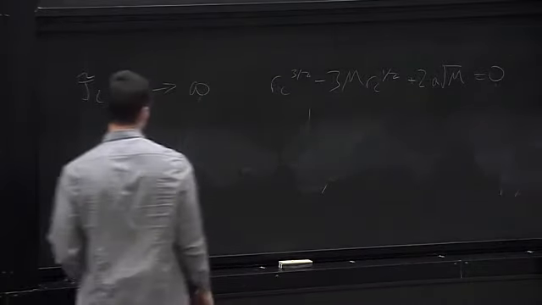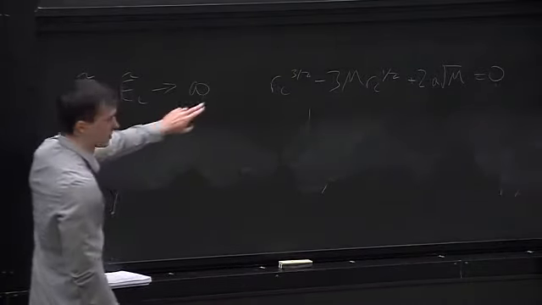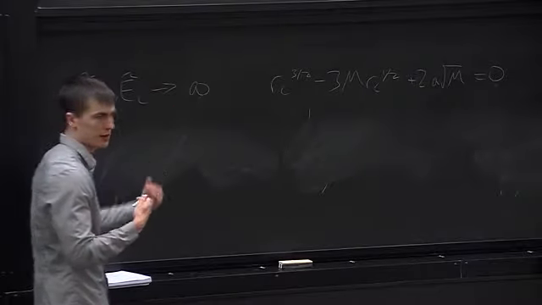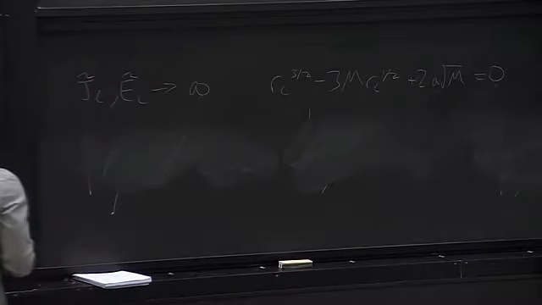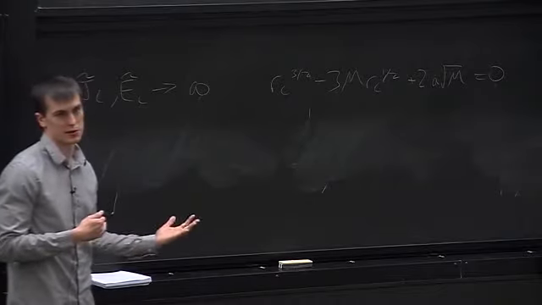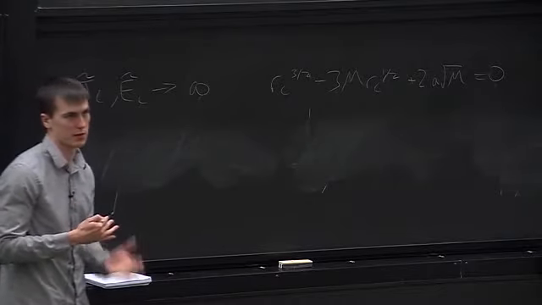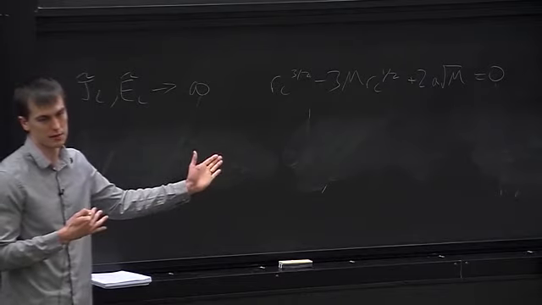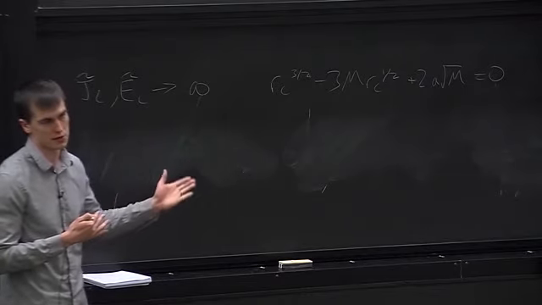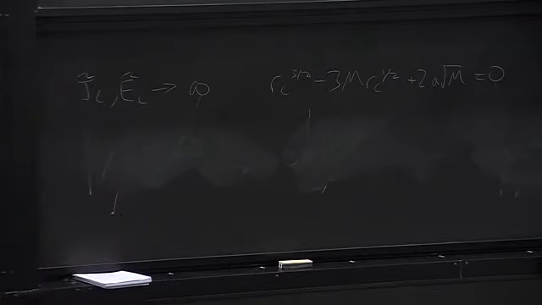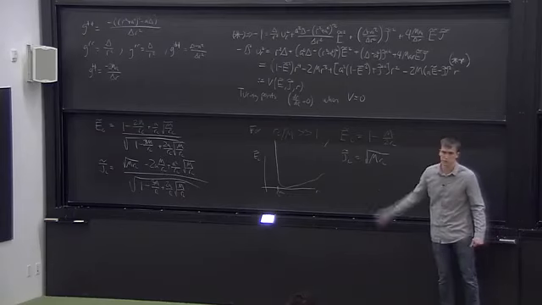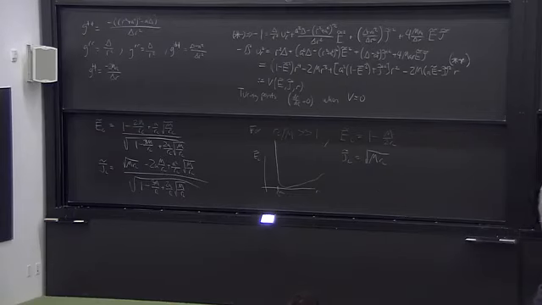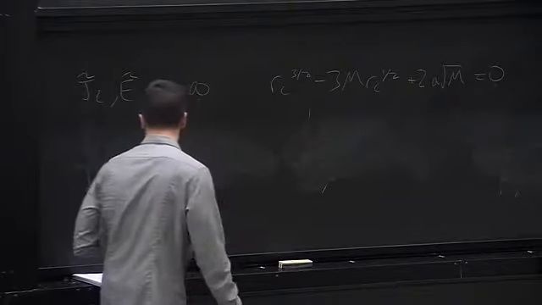So basically, once we reach this lower value of radius, we no longer have geodesics with finite energy. We're actually approaching the limit of moving arbitrarily close to the speed of light when we approach this E goes to infinity limit.